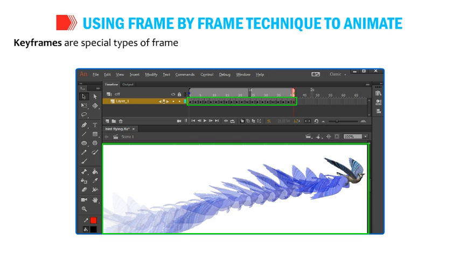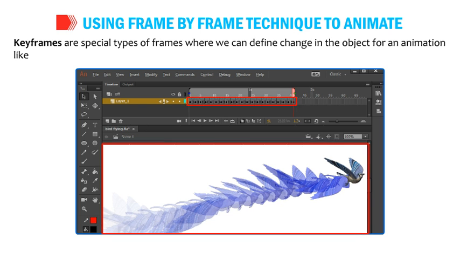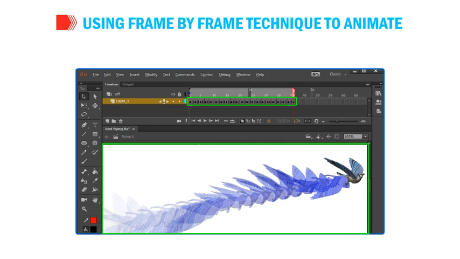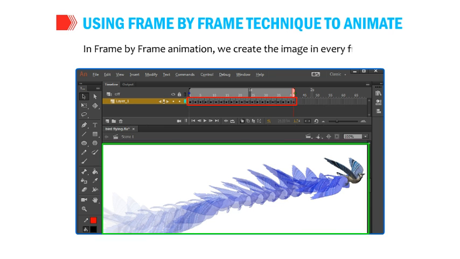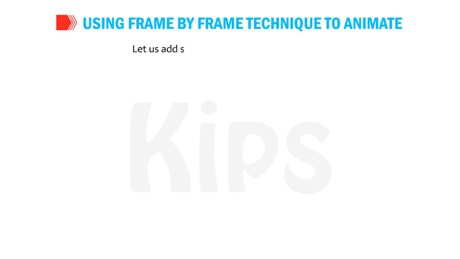Keyframes are special types of frames where we can define change in the object for an animation like position, color, shape, etc. In frame-by-frame animation, we create the image in every frame. Let us add some artwork for the document. Draw a star.